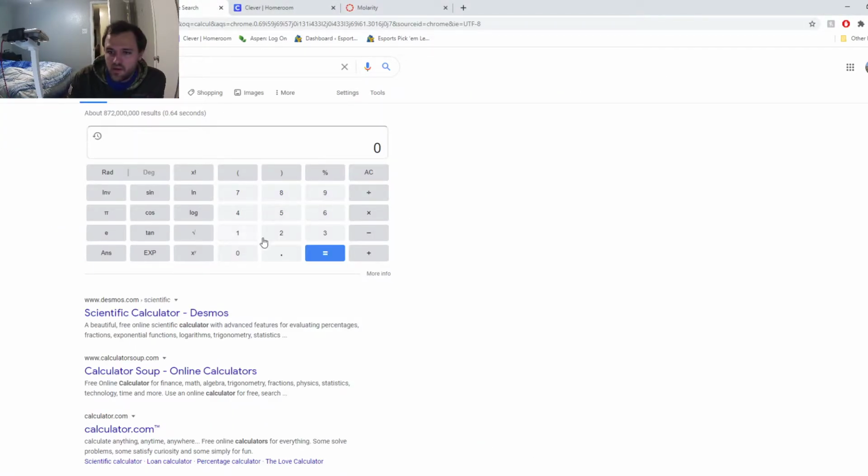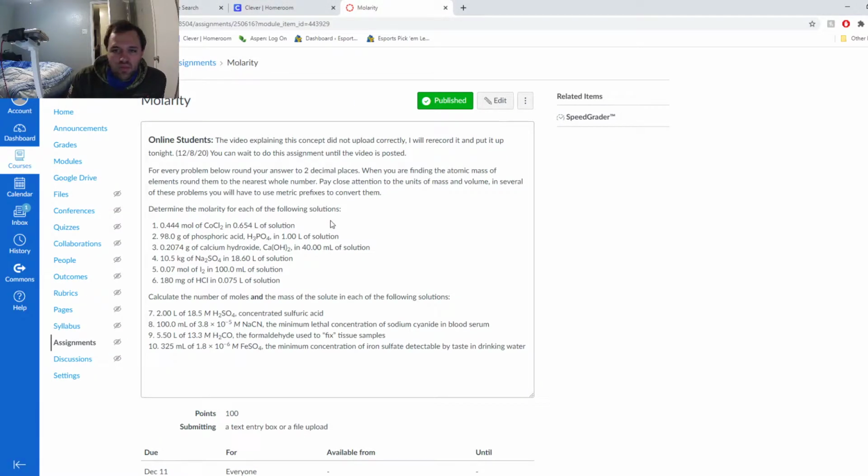So let's go over here and say 0.444 divided by 0.654. And that comes up as 0.67899, and a whole lot of decimals. On this one, same as the one from the day before, I want you to round everything to 2 decimal places.